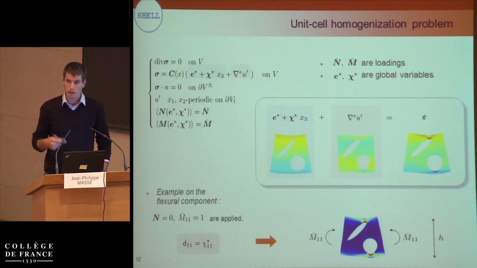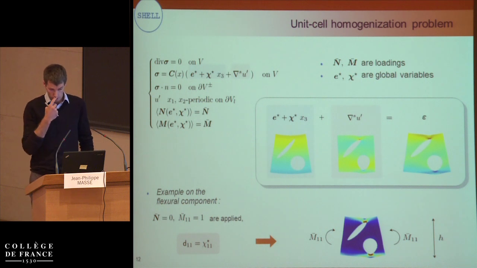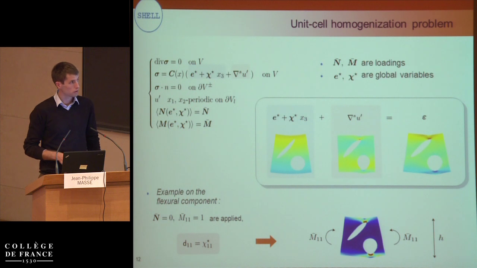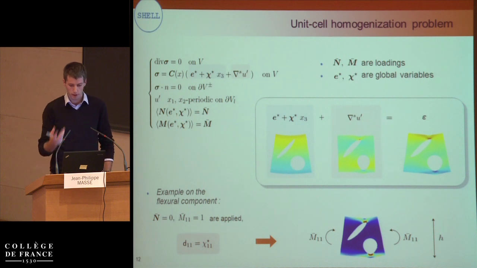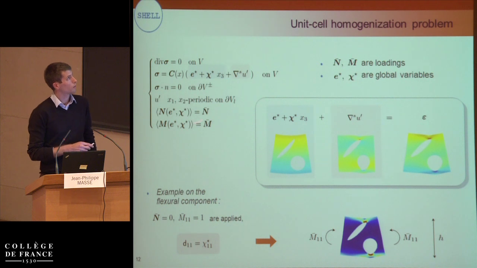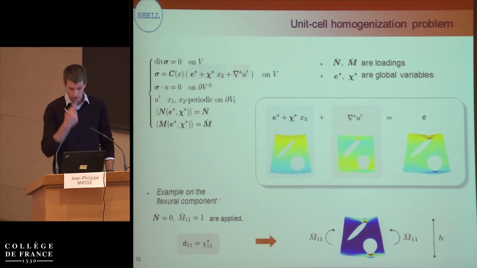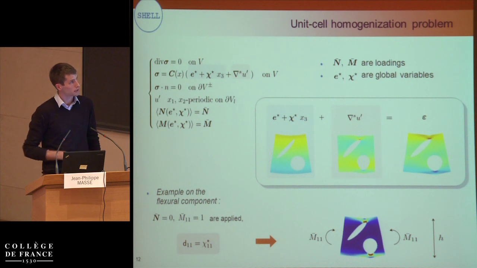So this is the problem we solve in order to identify the compliance components. This is the mechanical equilibrium, and with a given unit cell geometry, we are applying an average homogeneous tensile in-plane force and bending moment.